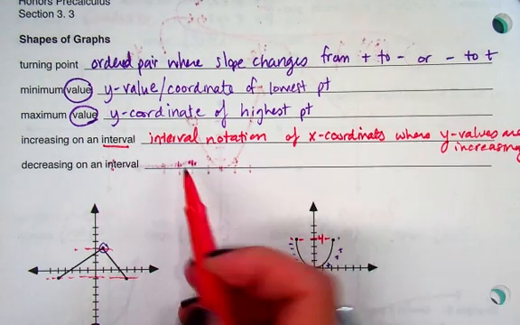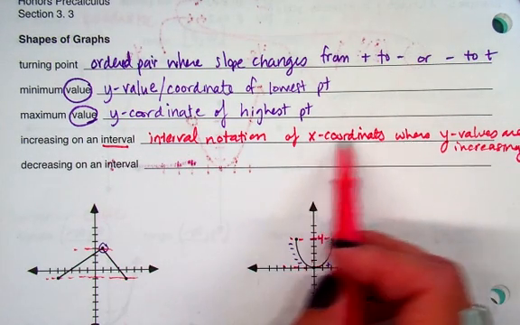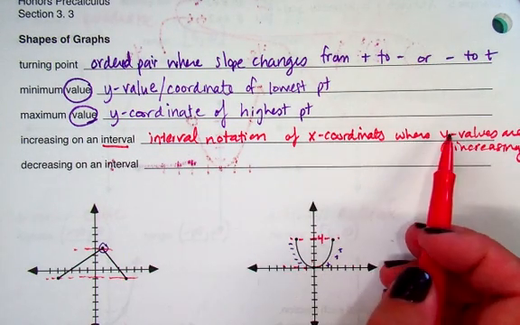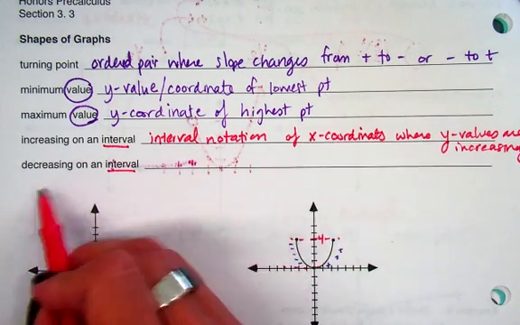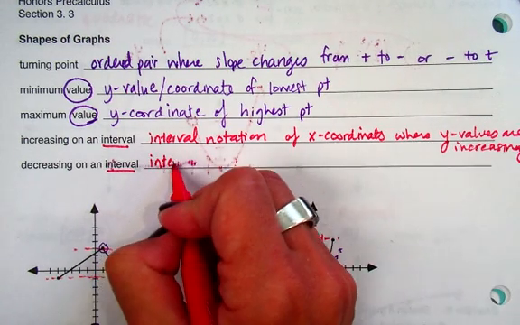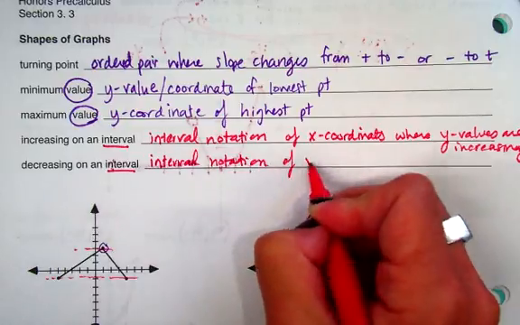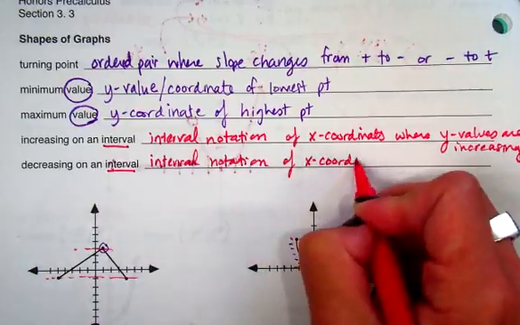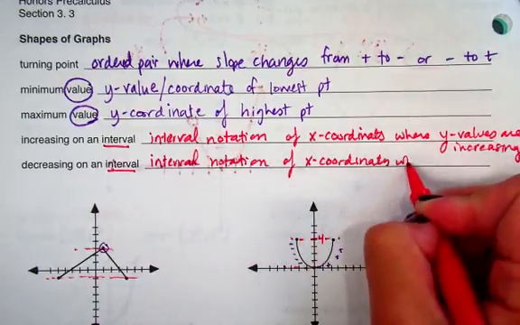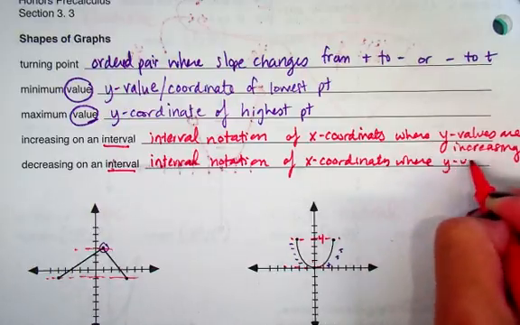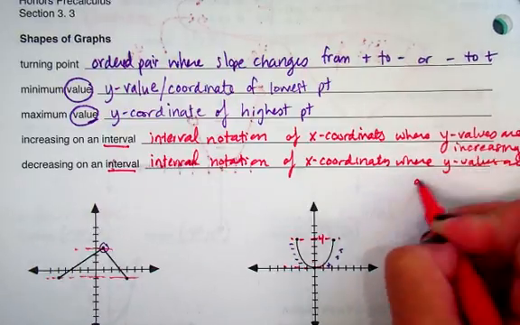So I put in the intervals, I actually put the numbers of the x's, but it's where your y graph is increasing. Same thing here for decreasing. Again, it's also going to be interval notation of the x coordinates, where your y values are decreasing.